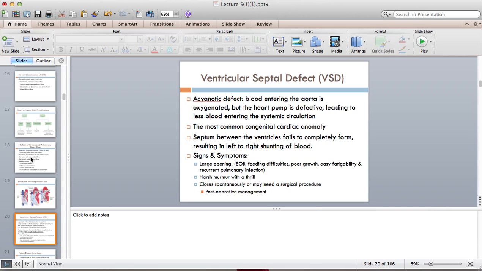just imagine that you have your container and you are filling it up, but because there is a leak in it, it's not filling to its capacity. And also because there is that defect in that ventricle, the ventricle is not pumping effectively as it should to shoot the blood into the systemic circulation.